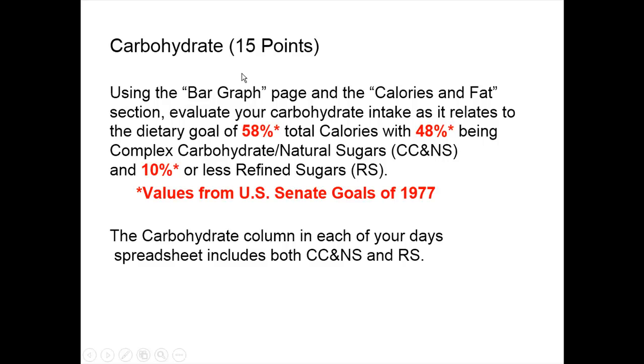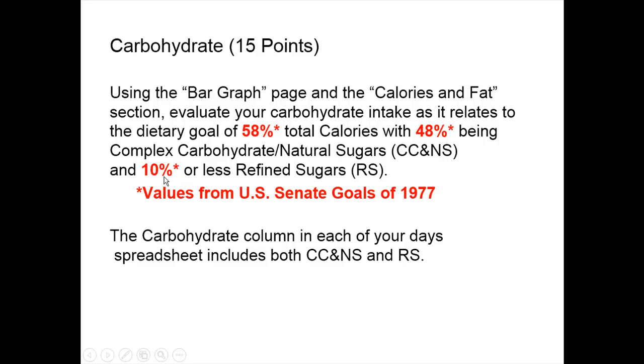So we're going to use that bar graph and the calories from fat, and we're going to use the U.S. Senate goals of 1977 that we previously introduced, and we're going to see how we meet the goal of having a total carbohydrate intake at 58%, with 48% or close. We want 48% or above of what we're going to call complex carbs and natural sugars.